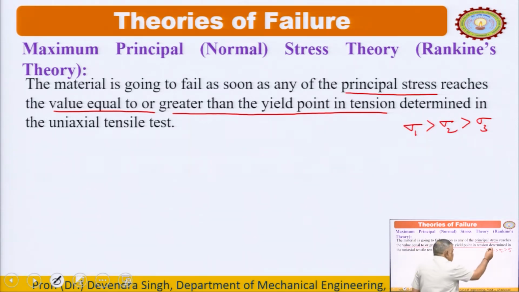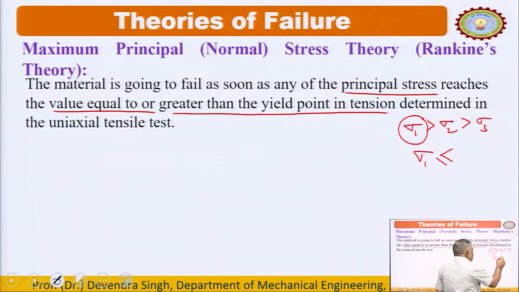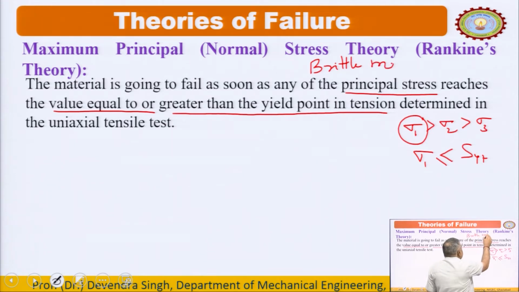And if sigma 1, which is the largest principal stress, is less than or equal to SYT, where SYT I consider as the yield point in tension, then the design is successful. I have told you that this maximum normal stress theory is applicable for brittle materials. In case of a brittle material, we do not get this SYT, so you will change it to SUT, meaning ultimate tensile stress.